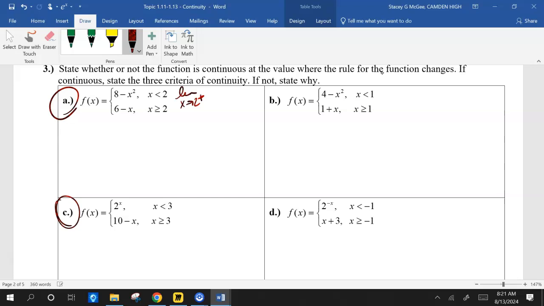This one is from the right. So all I'm doing is plugging into each one of those. 8 minus 2 squared, the big question is, does that equal 6 minus 2? So it's continuous, and it's included here, so yes, it's continuous.